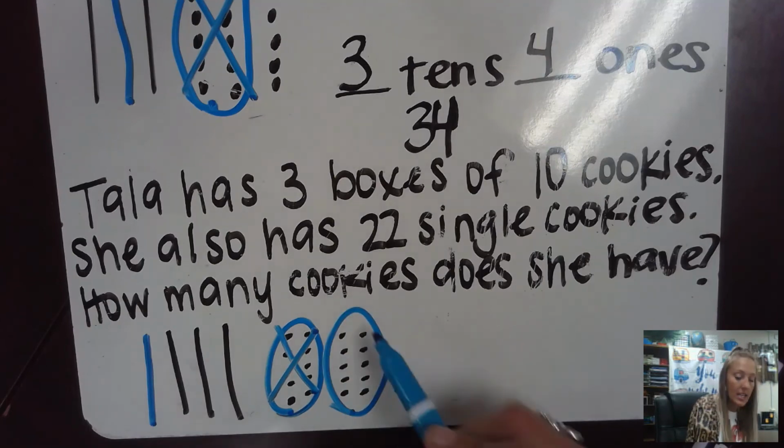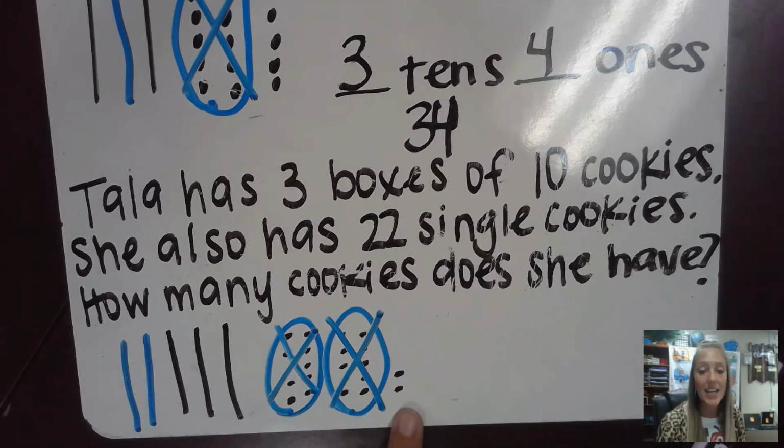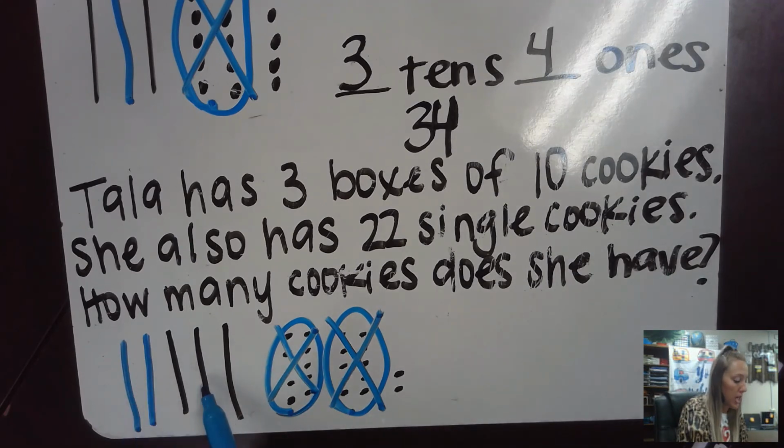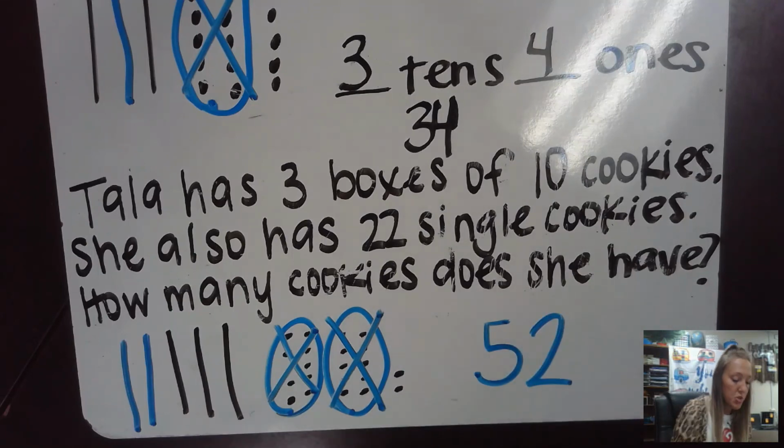That makes 10. Buy 10 single units. Hello, 10. I can't do that again because there's only 2 left right here. So that leaves us with 1, 2, 3, 4, 5 tens, which is 50, and 2 ones, which is 2.